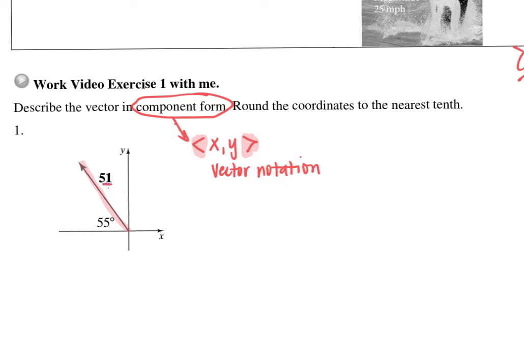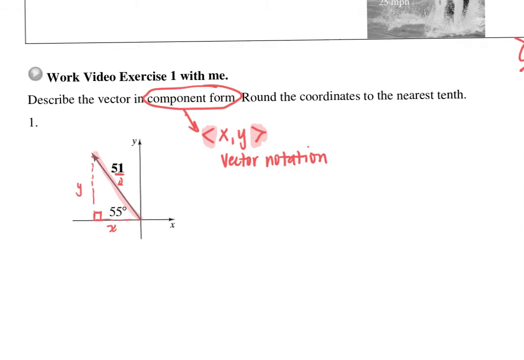This 51 represents the magnitude of the vector. All right, and we're going to go ahead and form a right triangle here. Okay, and we have this is 55 degrees. We have that's 90. This is our x, and this is our y. All right, so obviously we can use right triangle trig here to find the component form, to find the direction of x and y of this magnitude.